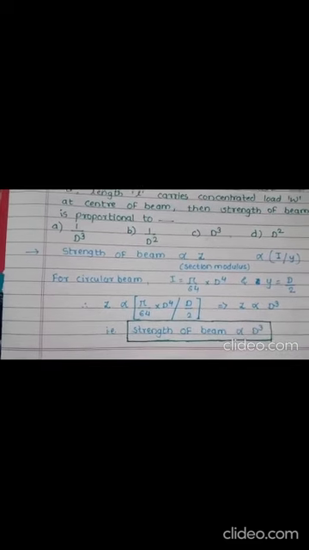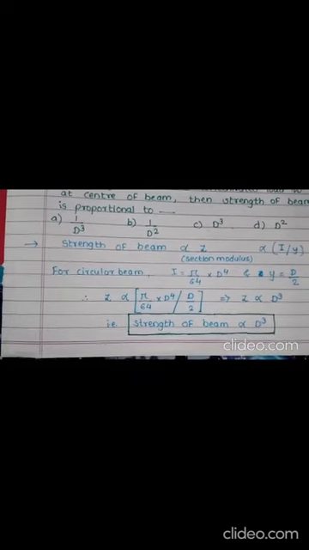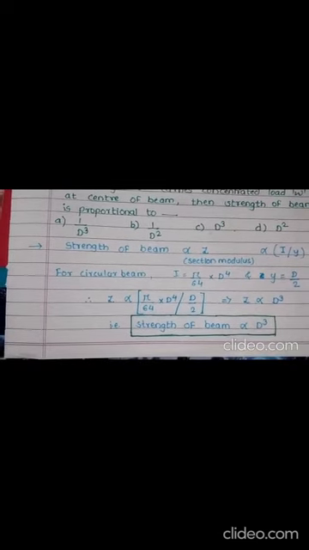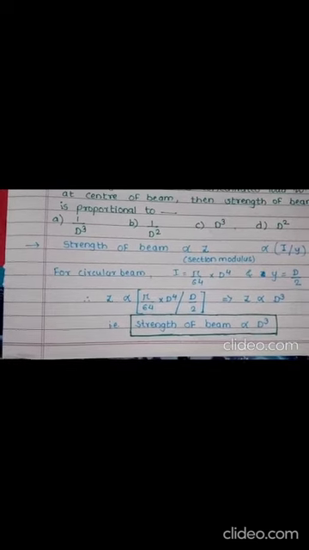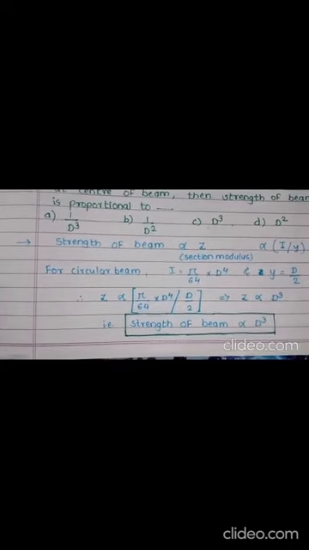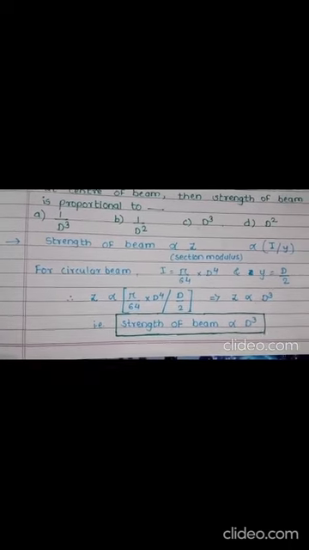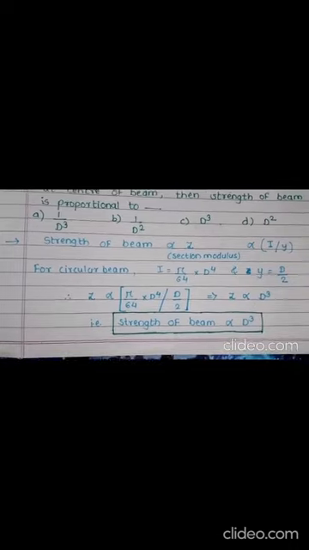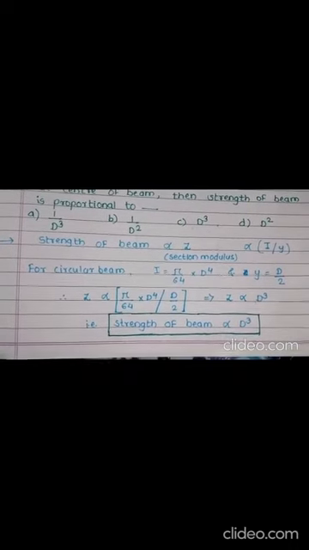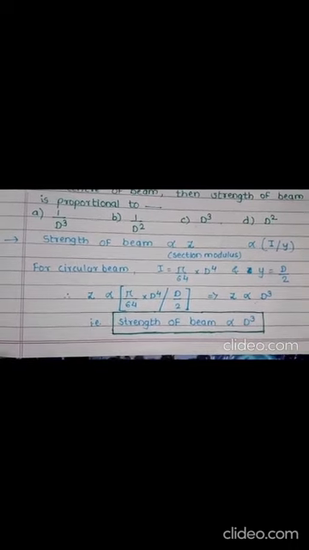So Z is directly proportional to pi upon 64 into d to the power 4 upon d by 2, which gives Z, meaning the strength of the beam, is directly proportional to the diameter cube.